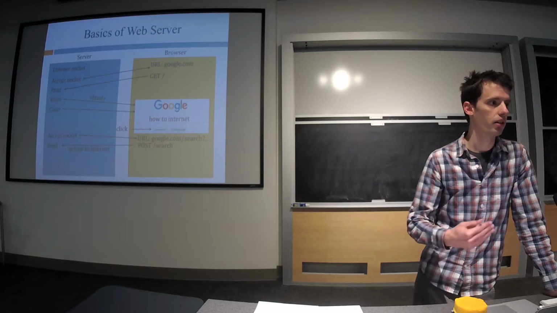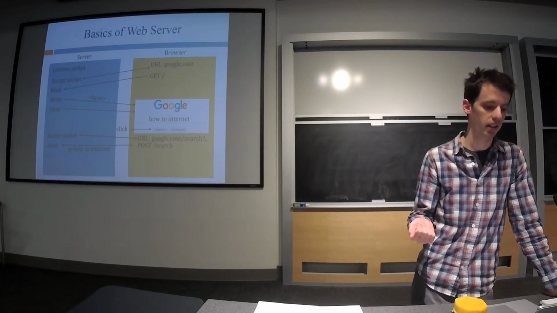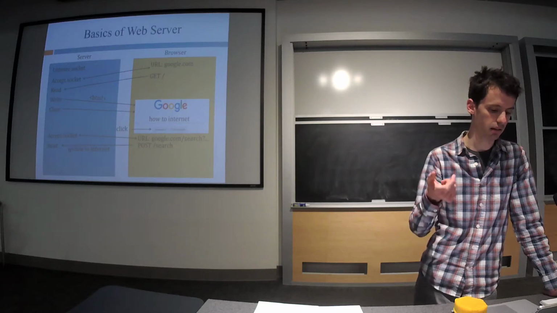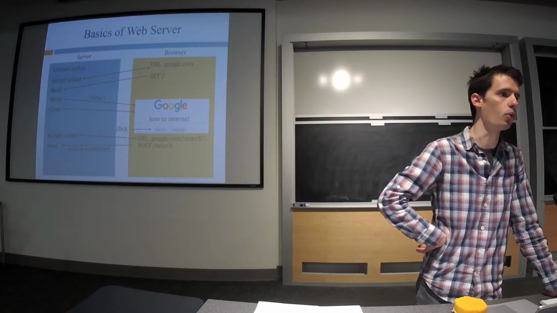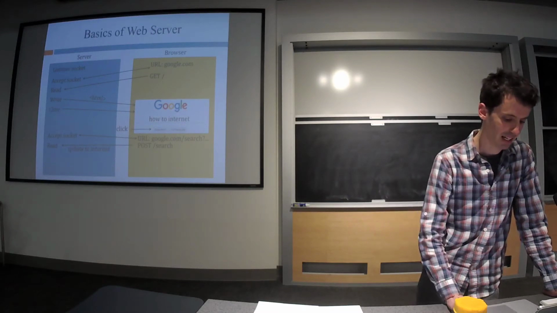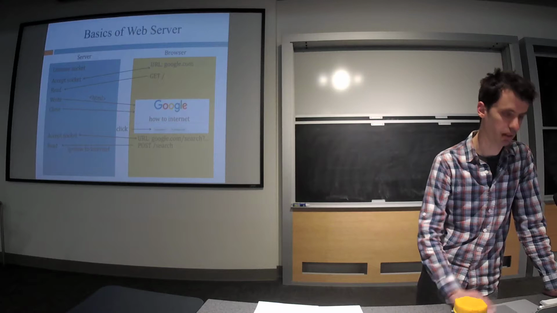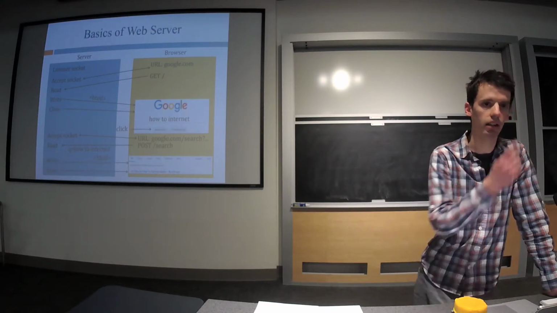Your browser does another kind of HTTP thing, this time called a POST. And it specifies there's this variable q, or query: how to internet. And then Google replies, it sees that, builds up some HTML, sends it back over the socket.